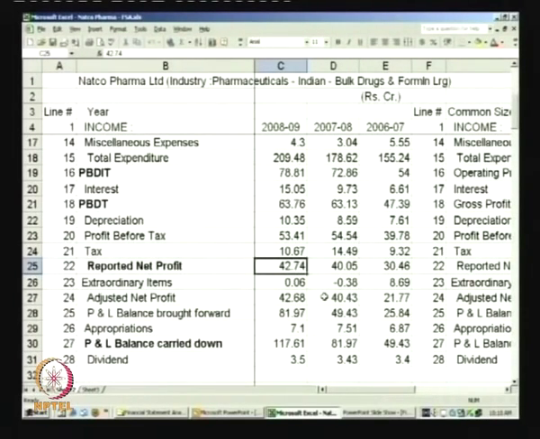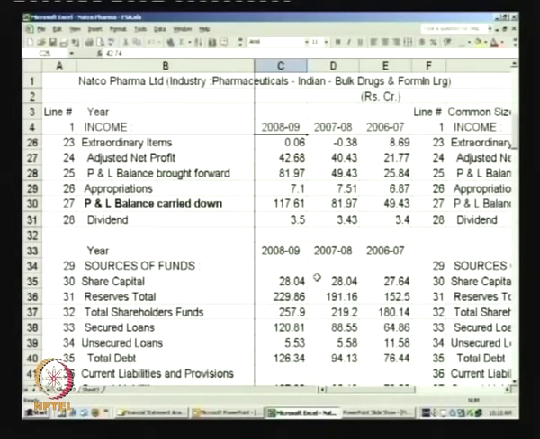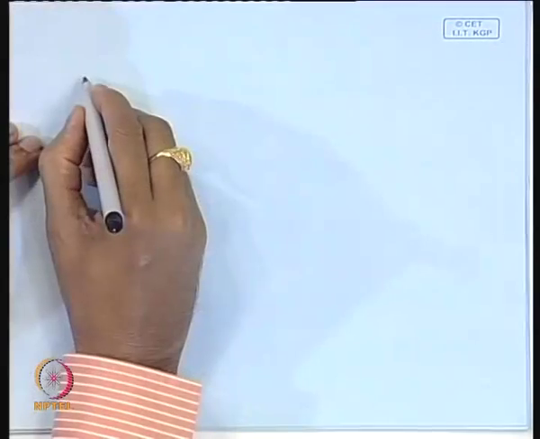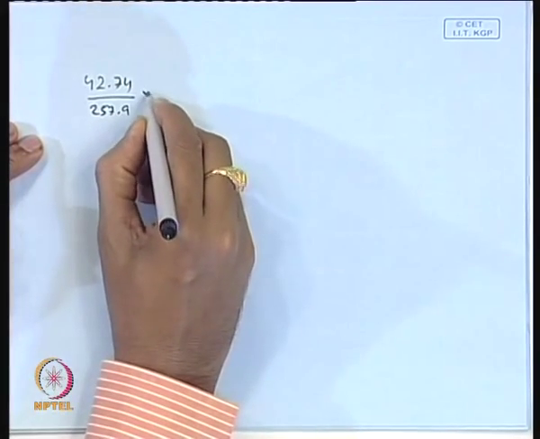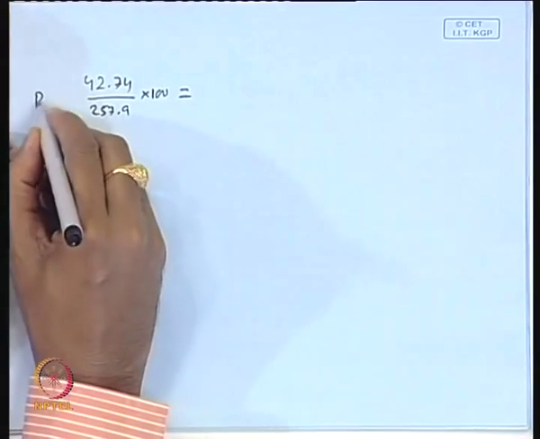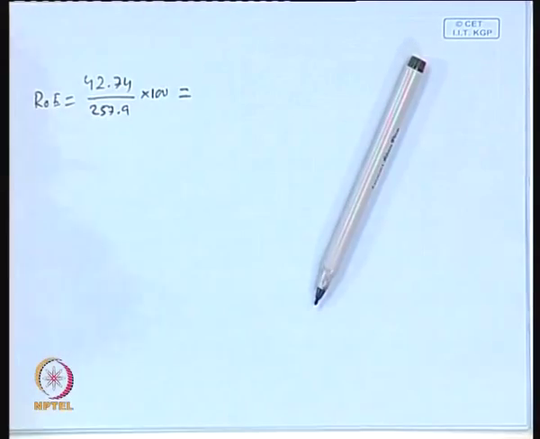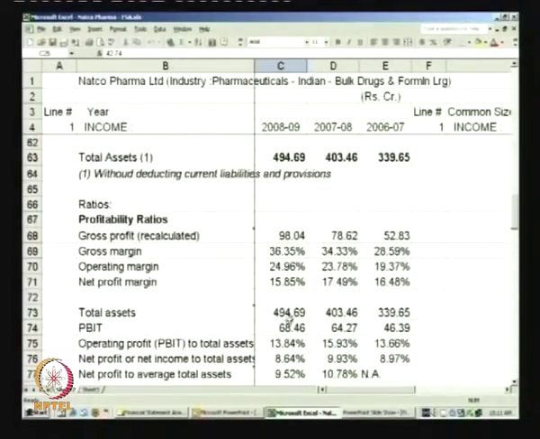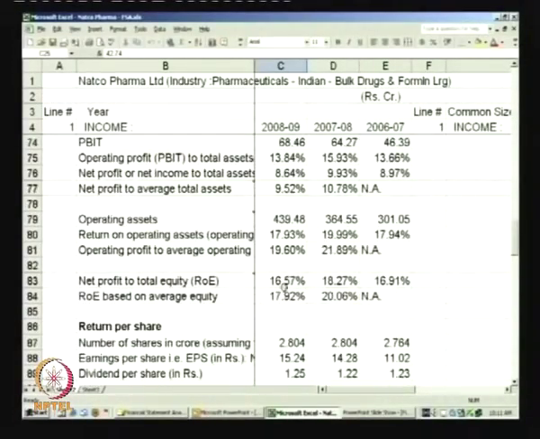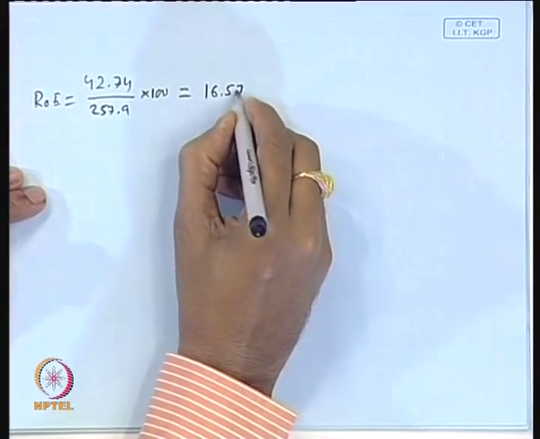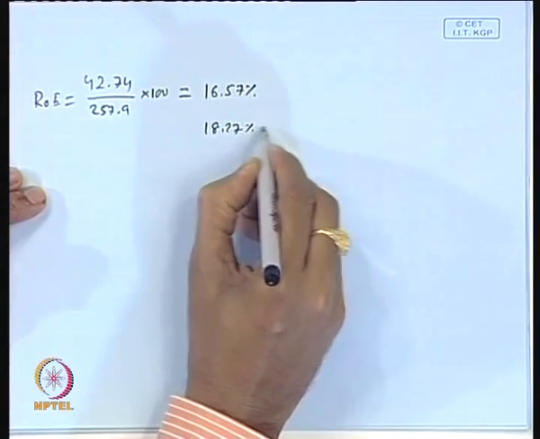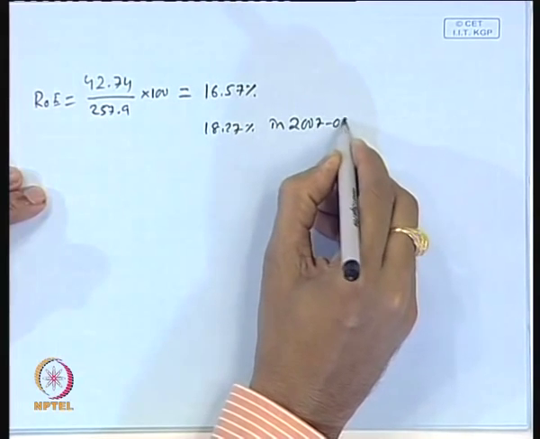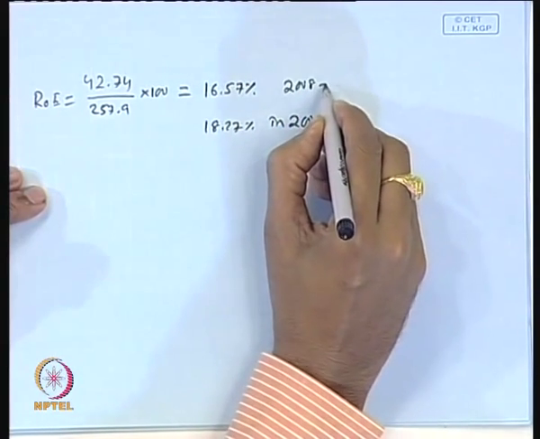So, this 42.74 divided by 257.9 into 100 gives the return on equity of this company for this year, 2008-9, which is nothing but 16.57%.